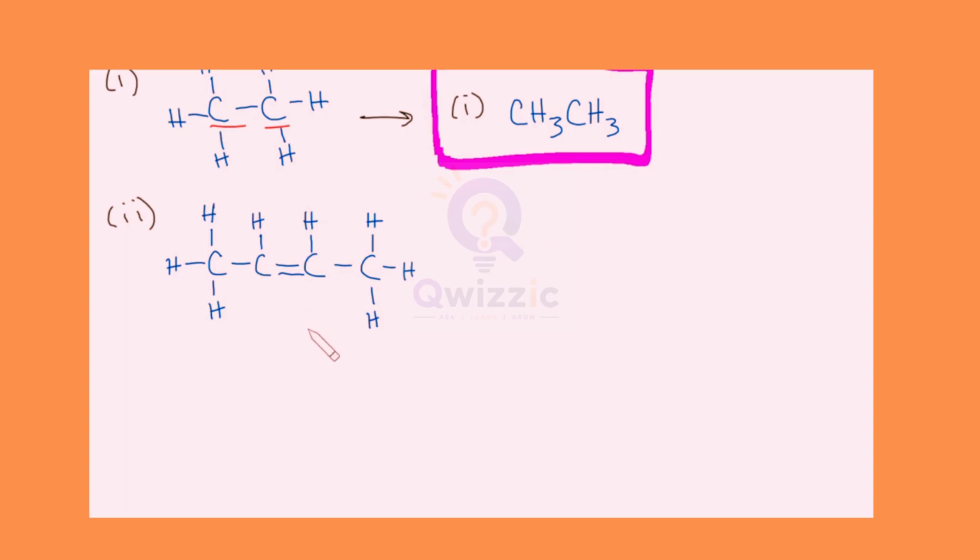CH bond on each carbon. So for our condensed formula, we have 4 carbons. From left to right, we have CH3, CH double bonded to CH, so we write out that double bond, and CH3.